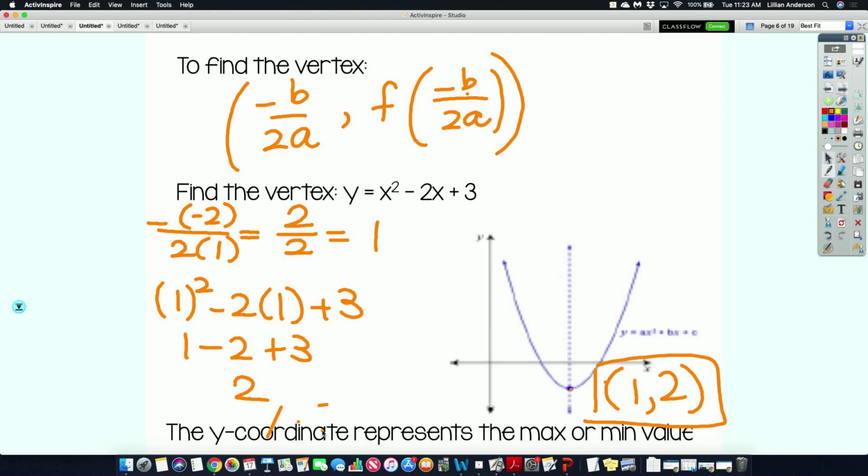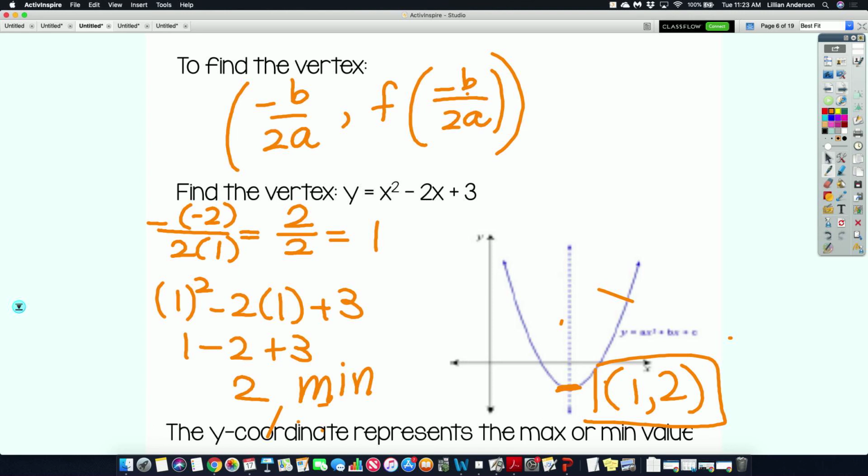The y-coordinate of the vertex represents either the minimum or the maximum value of that respective quadratic. Okay? So if the graph opens up, then is this a min or a max? It's a min because that means the graph, this is going to be the lowest that it goes. So this would be technically a minimum value for this particular problem.